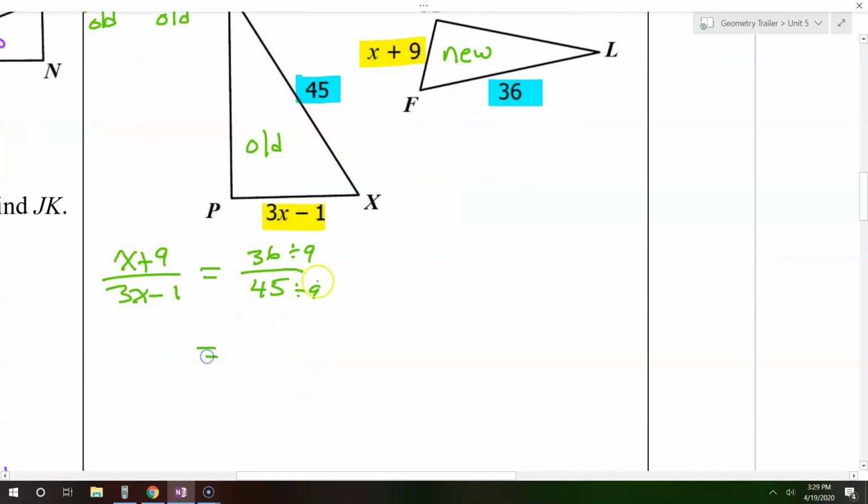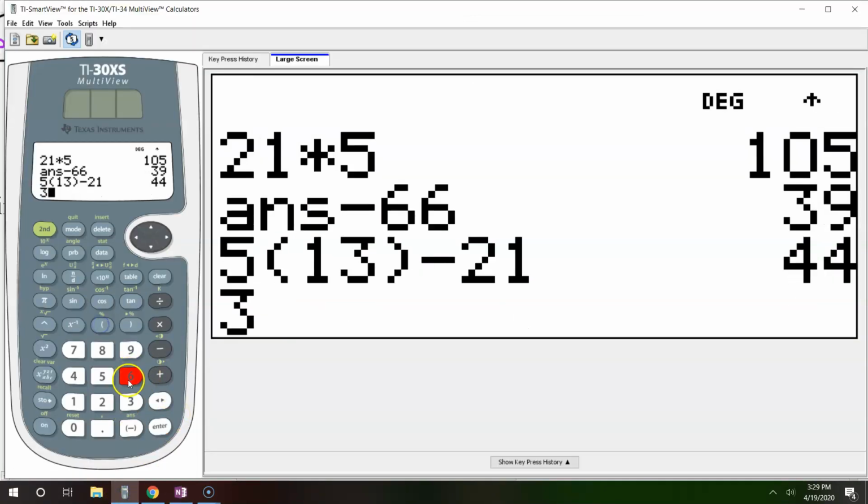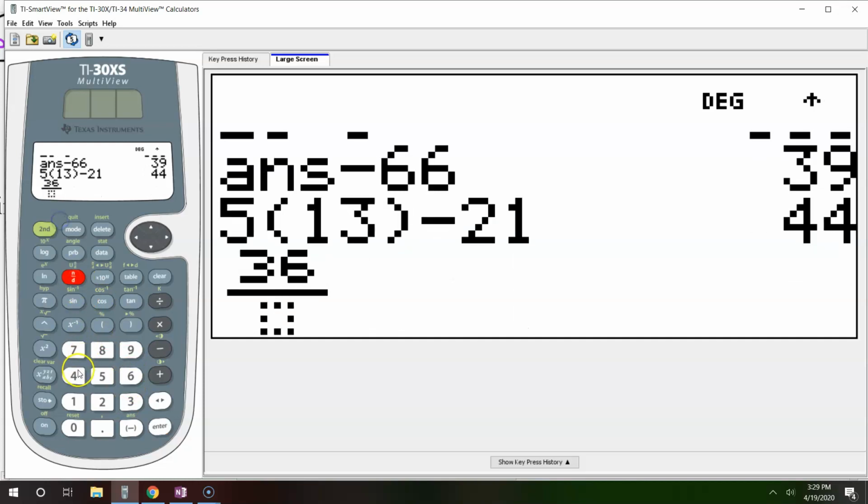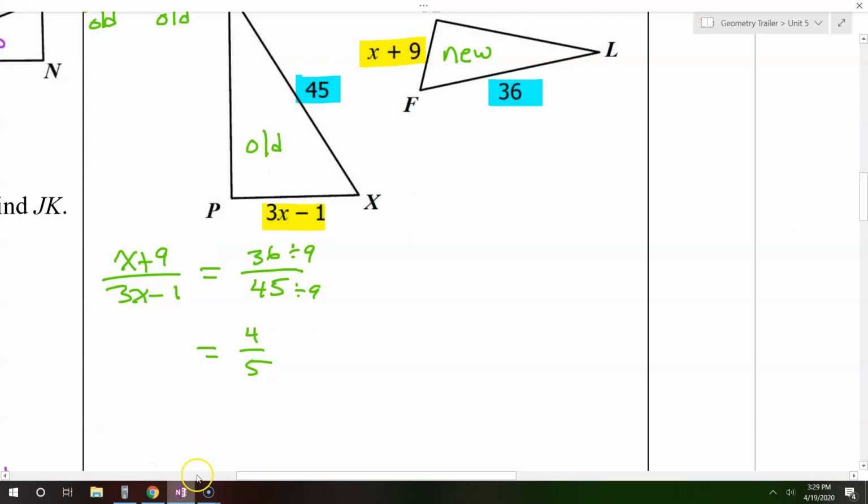So that's going to give us 4/5. All right, now if that blew your mind, then use your calculator. 36 over 45 is 4/5. All right, smaller numbers are easier to work with, so I recommend reducing your fractions.